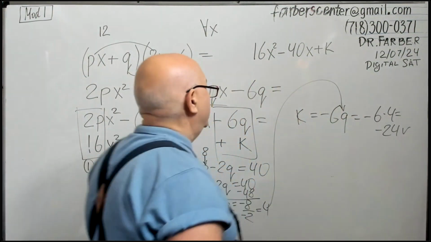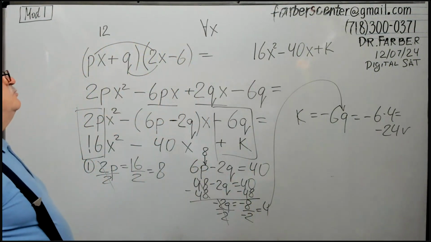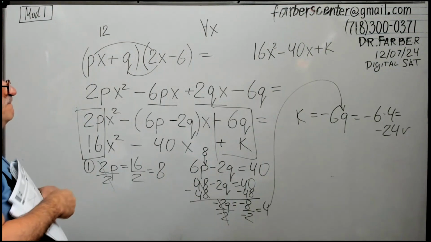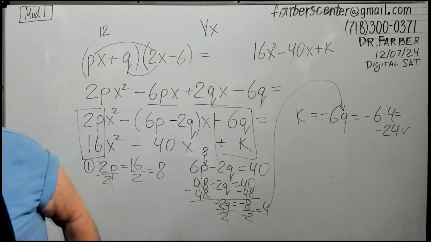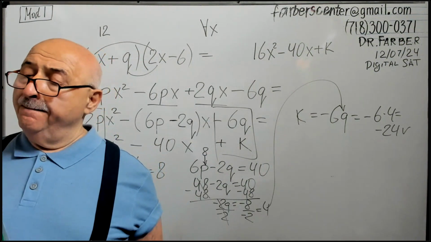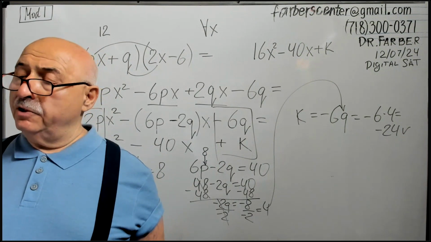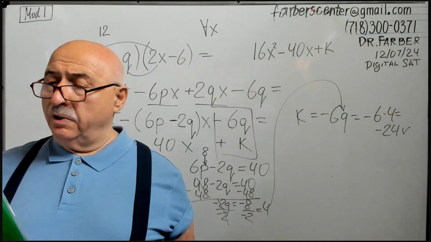So all these questions follow the same rules. Just use the FOIL rule or distributive property and make equality of these two equations. This was for whoever asked me this question.